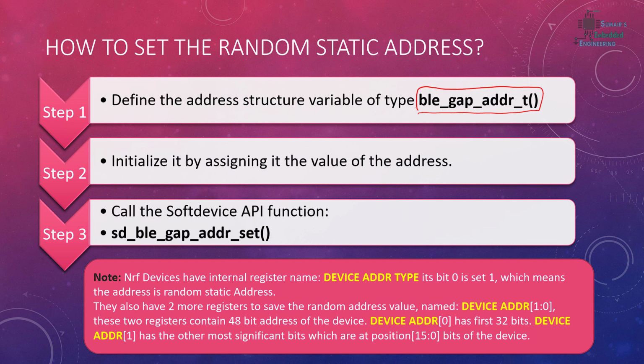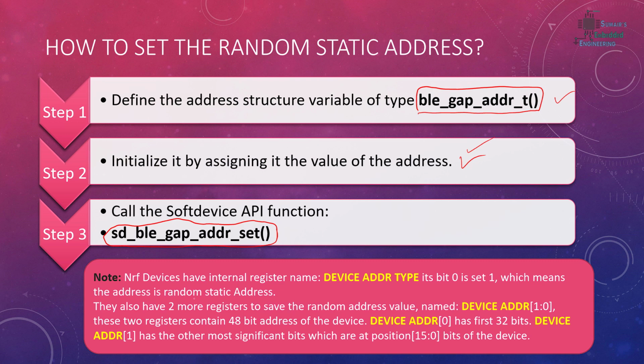First we will create a variable of this type, then we will initialize it and assign it the value, and in the end the last step is we will call the set BLE gap address function to set the address of our device.